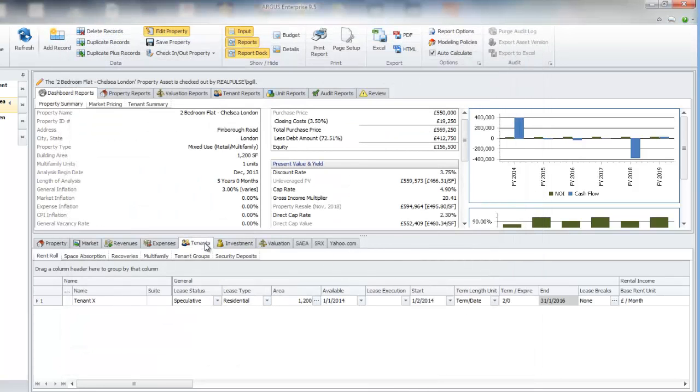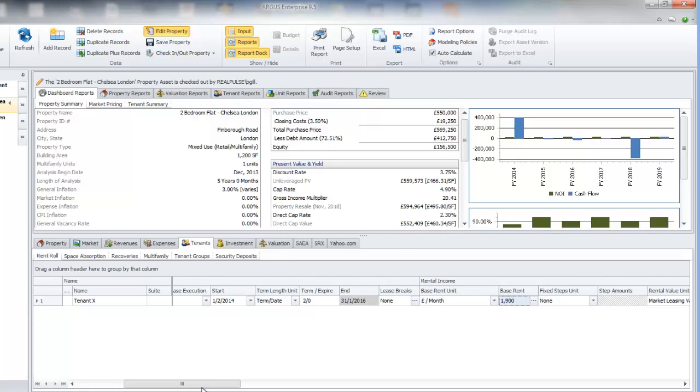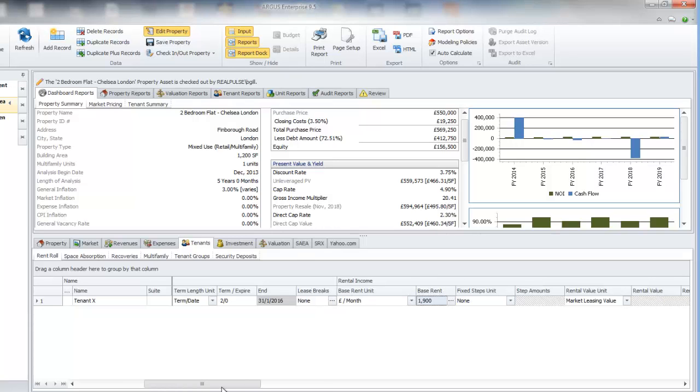Okay. Tenants: on completion of the purchase in January 2014, I will be handed a vacant unit. So for any respective tenant, what is my forecasted rental that I can expect beginning in February 2014 for a period of 2 years?